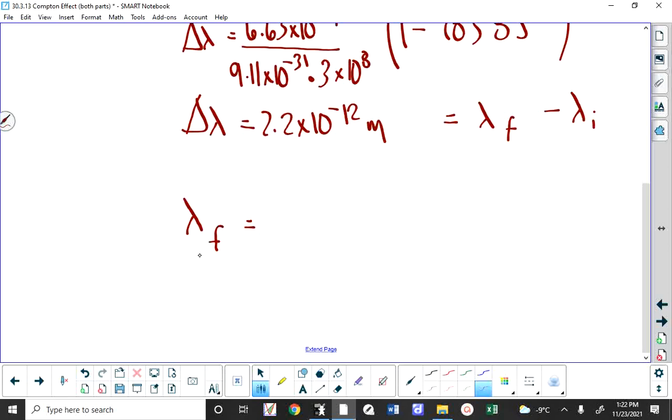The bottom line is you should know the wavelength is more afterwards because the energy is less. So all you have to do is take the initial wavelength plus the change in the wavelength.